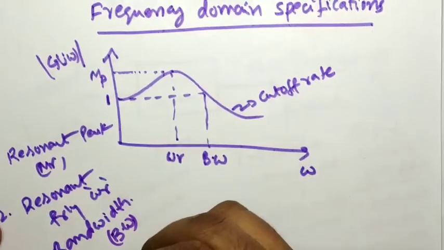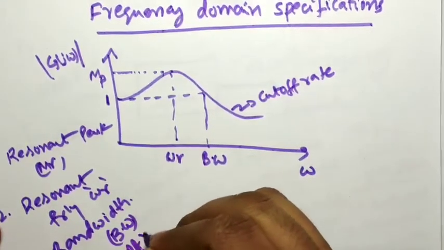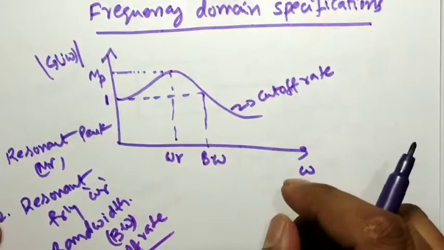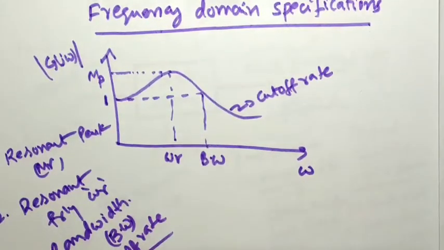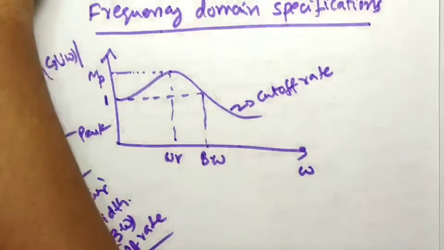The fourth one is cutoff rate. These are the four important parameters we are going to study one by one.